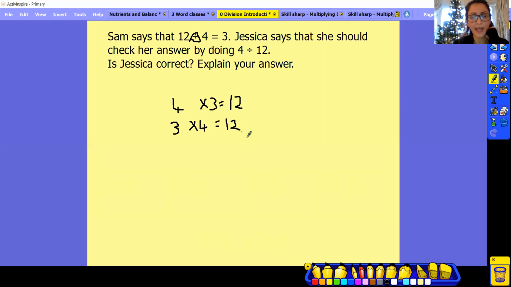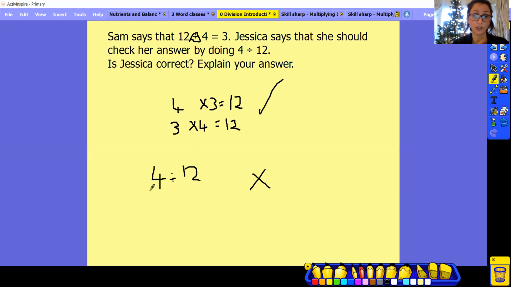So we know these are right, but she can't check it by doing 4 divided by 12, because if you want to check if something's right, you have to do the opposite operation. And the opposite operation to divide is times.